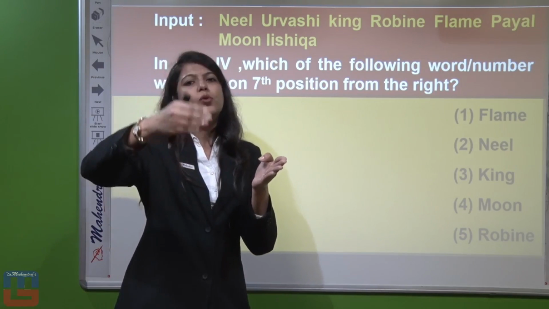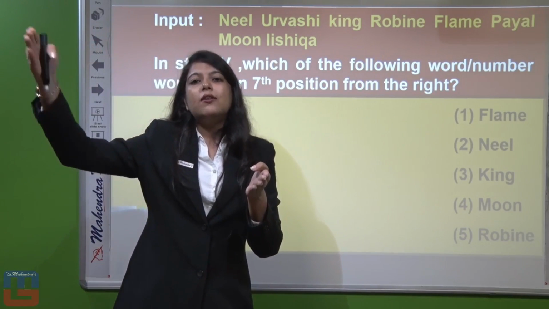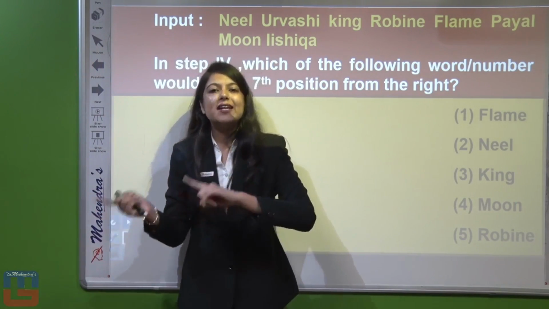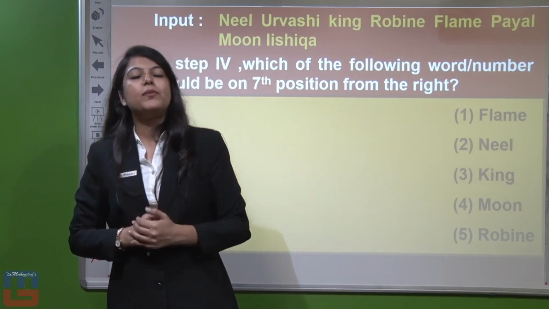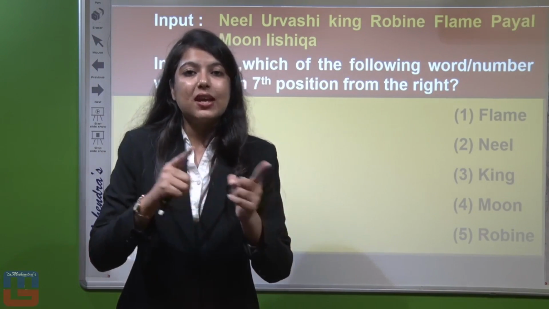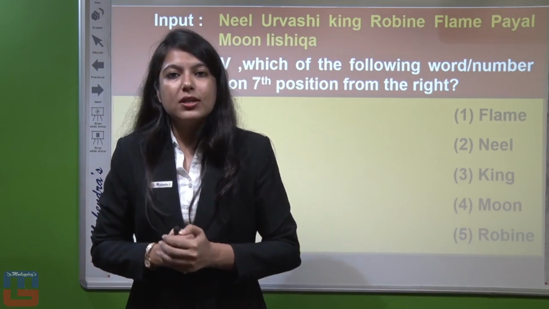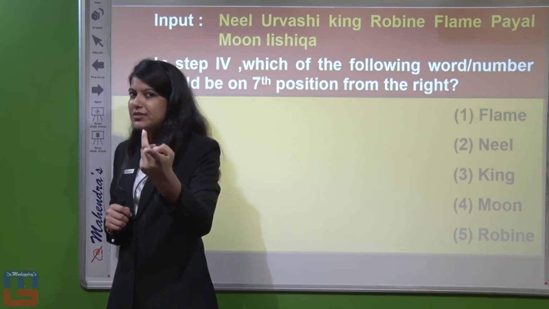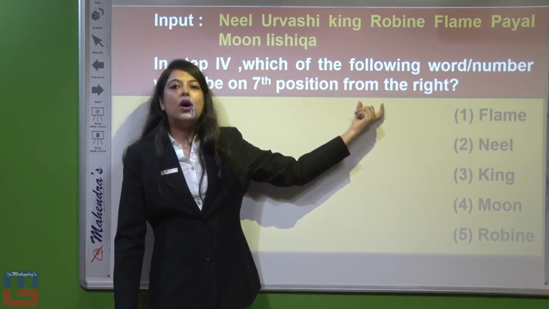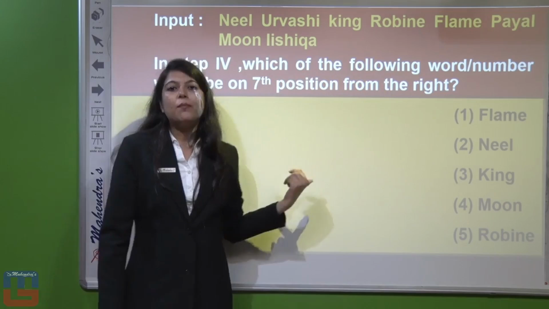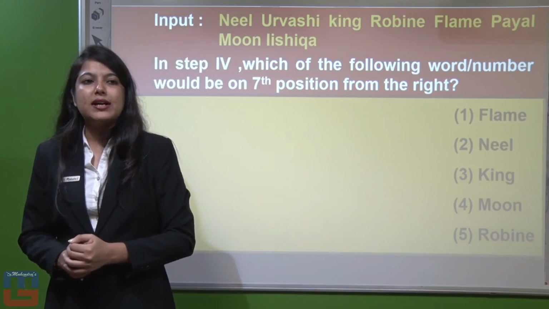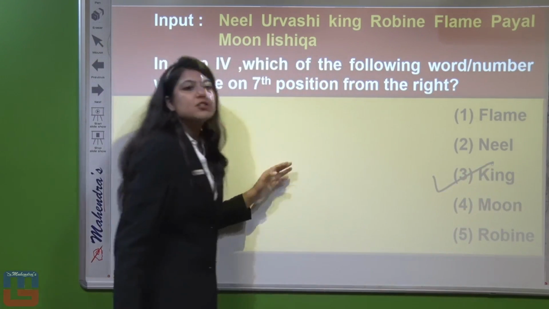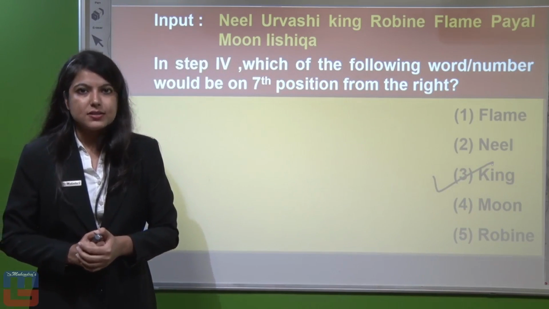We have moon, king, Ishika, flame, and the 7th word from the right position, or we can say the 2nd word from the left position, because the 7th from the right and the 2nd from the left will be the same, as this is an 8-word arrangement input. So from the left, the 2nd word arranged is king, and king is option number 3. So this option will be our answer.